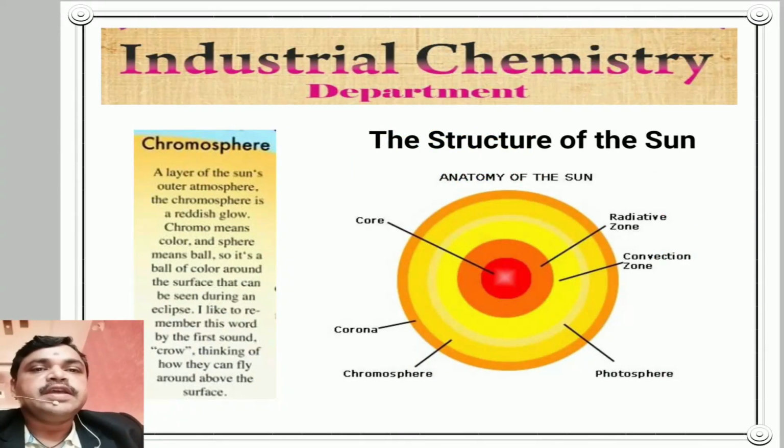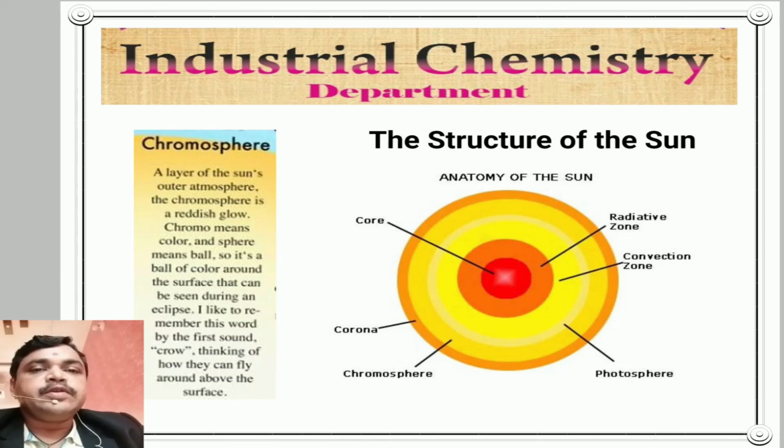After this, it is known as the chromosphere, a layer of the Sun's outer atmosphere. The chromosphere is a reddish glow. Chromo means color and sphere means ball. So it's a ball of color around the surface that can be seen during an eclipse.